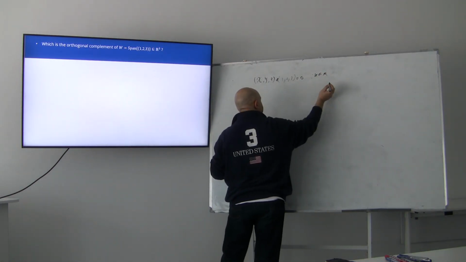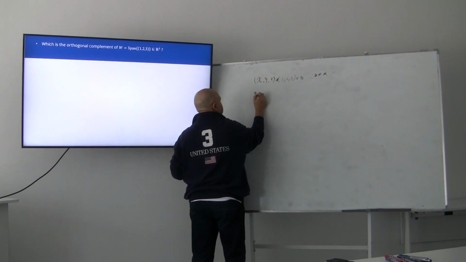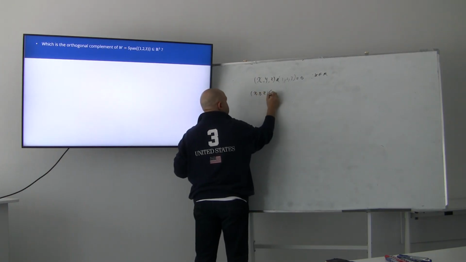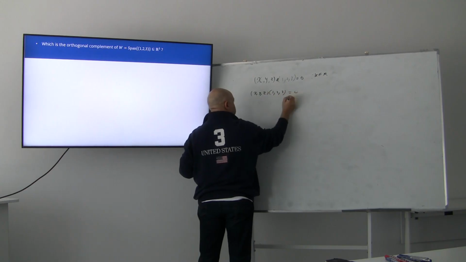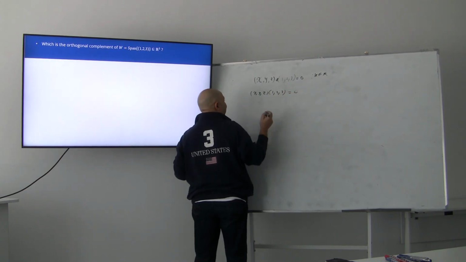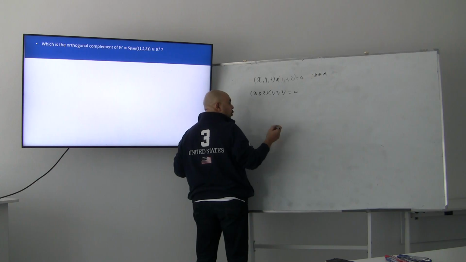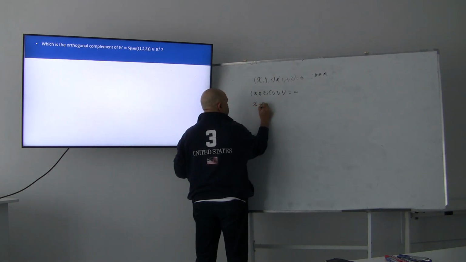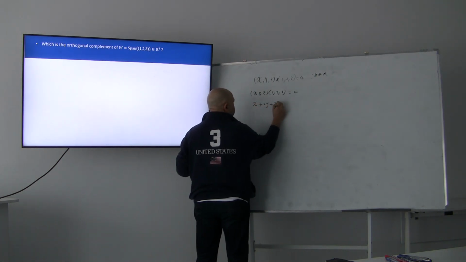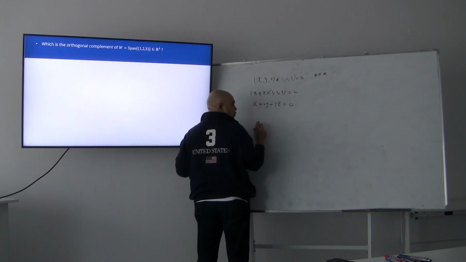So we have (x, y, z) dot (1, 2, 3) equal to 0. Here is the condition for the orthogonal vector space of (1, 2, 3): x plus 2y plus 3z must equal 0.